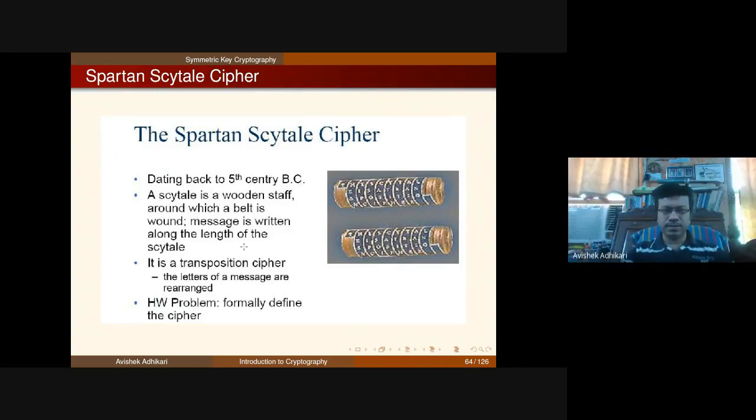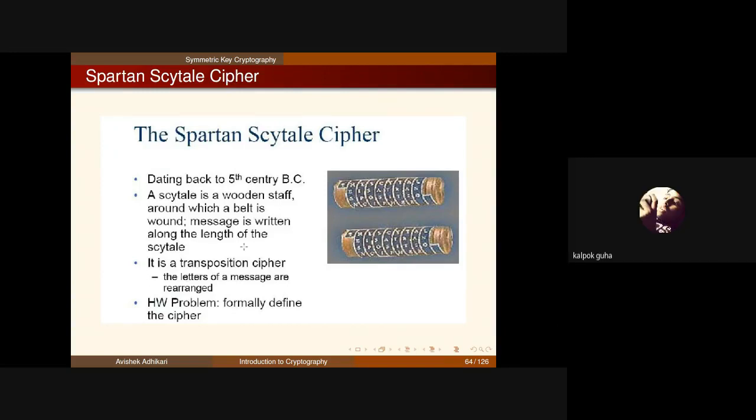Yes, good. If we know that there are k alphabets in a single row, then every kth alphabet comes in a single phrase.